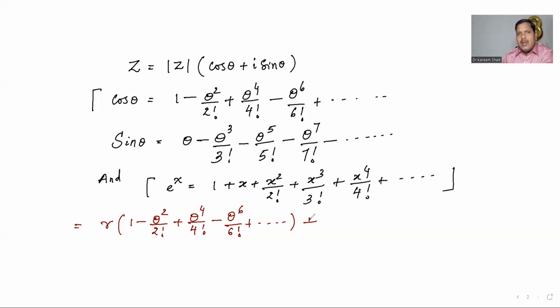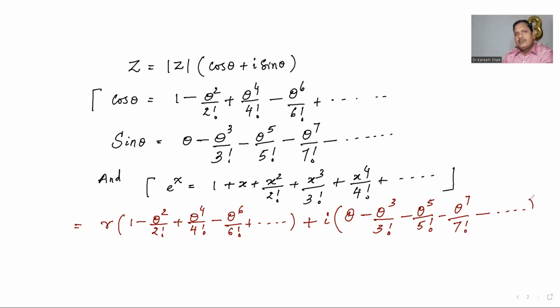Plus iota times the sine theta expansion: theta minus theta cube upon 3 factorial plus theta raised to 5 upon 5 factorial minus theta raised to 7 upon 7 factorial, and so on. This is r into the whole expression, right?